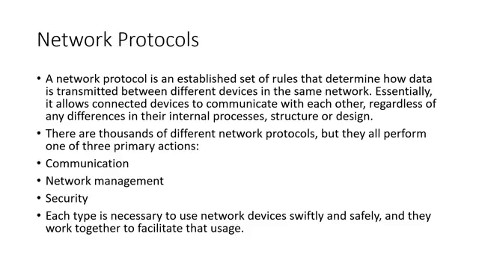They allow connected devices to communicate with each other regardless of the differences in their internal processes, structure, or design. So for any set of devices to communicate on the network, there are protocols designated to ensure that the activities they want to carry out on the network happen.